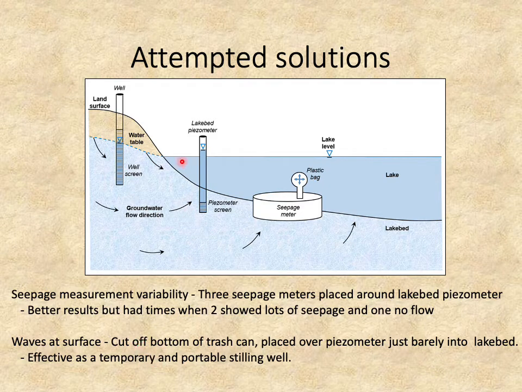So if you're trying to do these lake bed piezometer measurements and you don't have a permanent stilling well around it, just make your own. We can do the lake bed piezometer measurements pretty easily. So now we can get the head difference between the head in our piezometer and the head right at the lake bed.